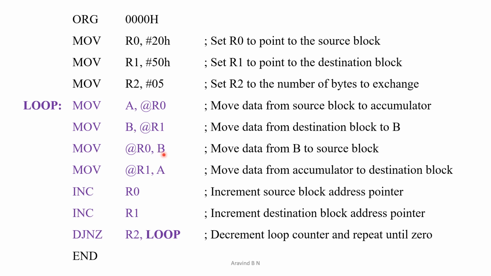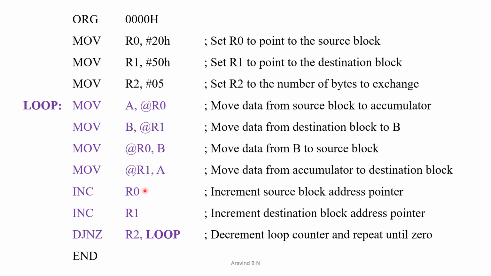Now, these two values are temporarily available in the A and B registers. So now we can overwrite the contents of the source as well as the destination in the current location. The destination value that was stored in the B is now being moved to the source location. The value at the source which we had temporarily stored in A is now being moved to the destination.